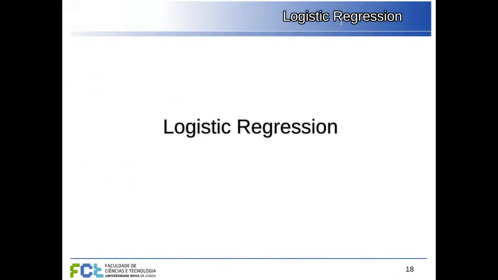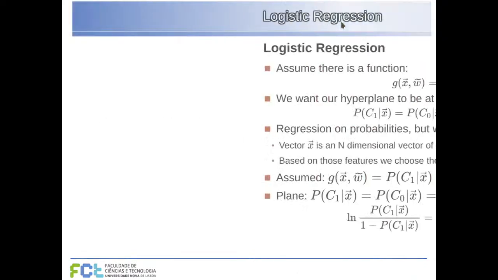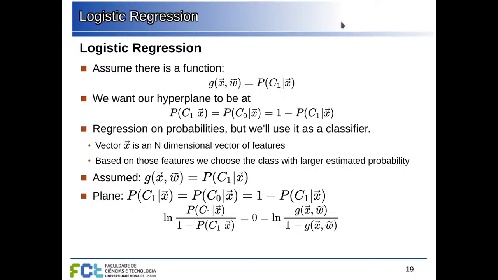Okay, so now let's look at logistic regression as a way of solving this and building a classifier. Instead of trying to approximate the data itself, suppose something analogous to what we did with regression, where we assumed there was some function that related the x, the features, to the y, the value that we're trying to predict. In this case, let's assume that there is a function that gives us the probability of a point with some features x belonging to class 1.